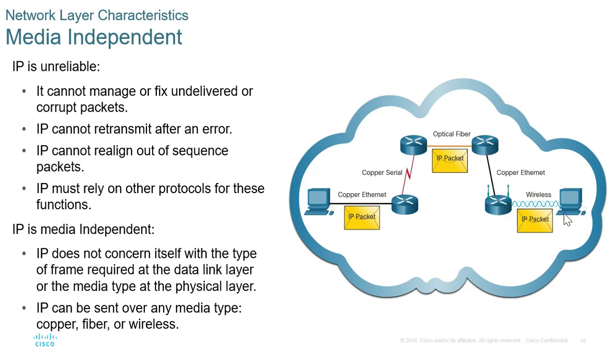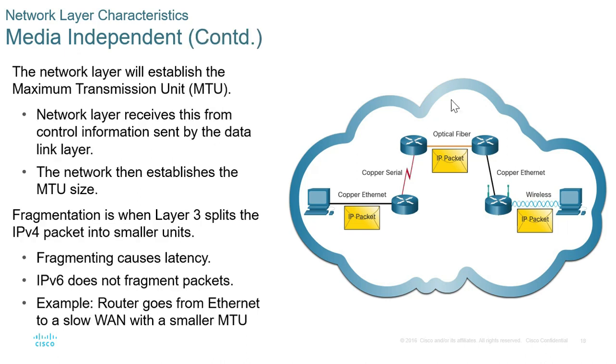Tetapi dekat bahagian transmission, IP is not concerned with that. So satu benda je yang dia perlu tahu mengenai the lower layers adalah maximum transmission unit. So maximum transmission unit ni adalah bila dekat data link layer, berapa besar frame yang boleh dia paskan daripada network layer. So dia dapat information ini melalui control information from the data link layer.